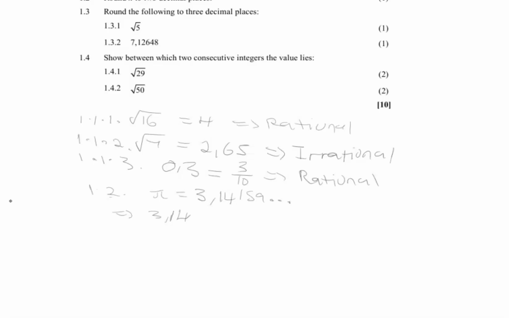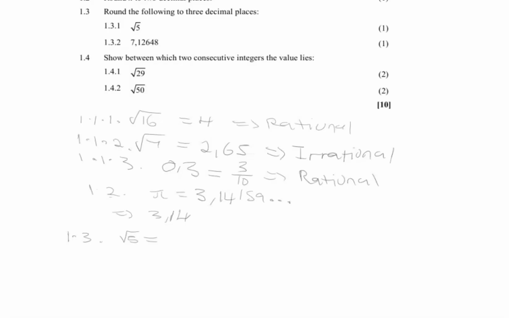Question 1.3. Round the following to 3 decimal places. So even in this question, you are required to round off your numbers. In question 1.3.1, you are required to round off the square root of 5 close to 3 decimal places. You cannot just round off this number without writing it in its decimal form.